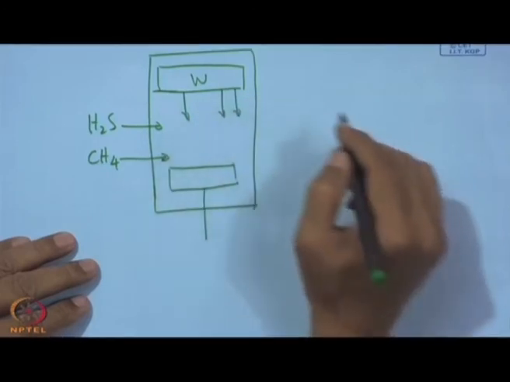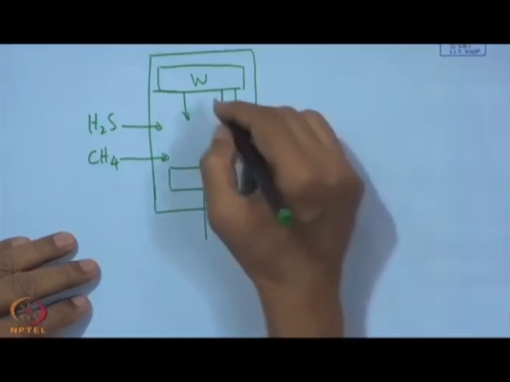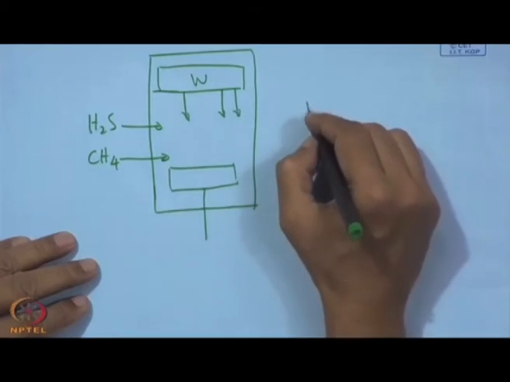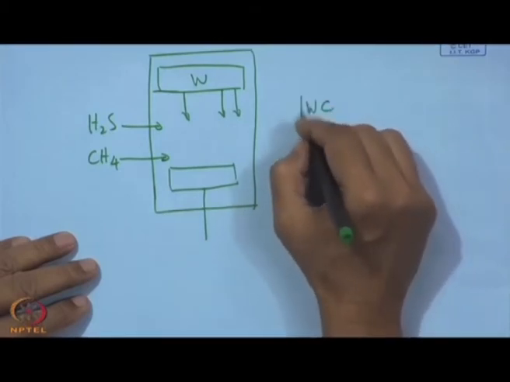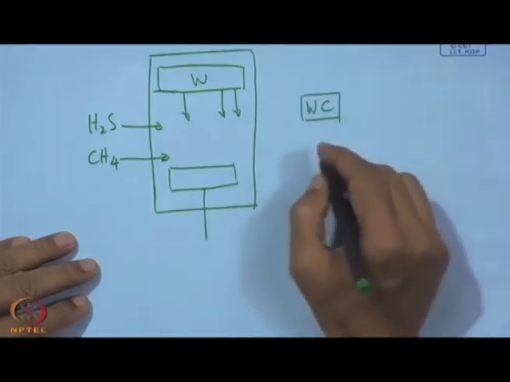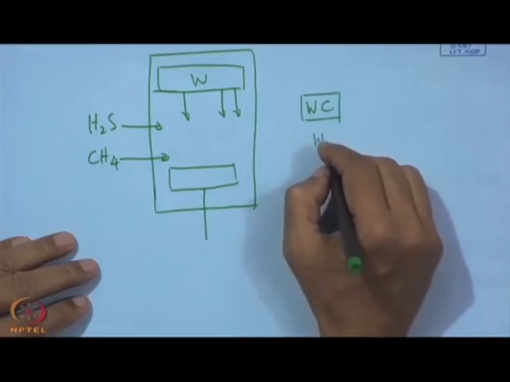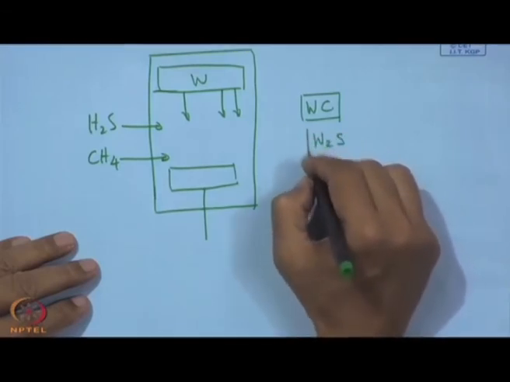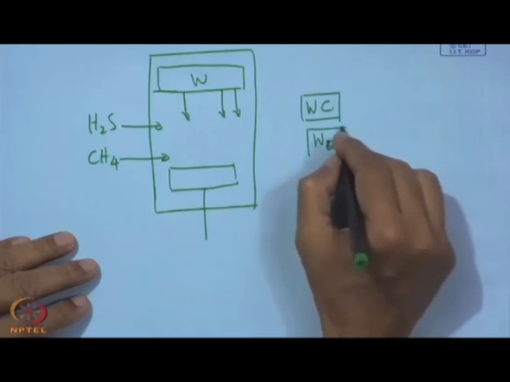So, during the process what do we have? We have this reaction giving WC, that will be one form, then we can also have W2S and WS2.